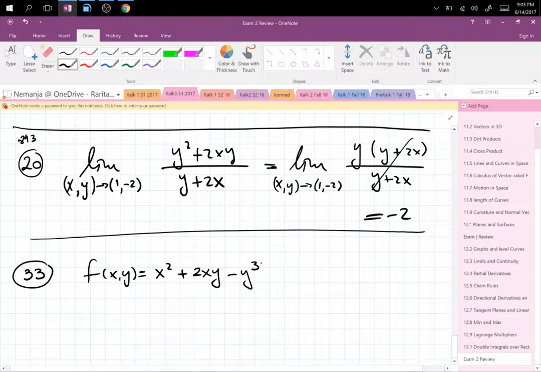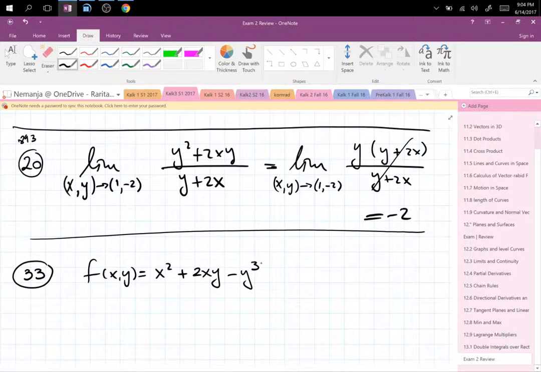So we know the theorem which says that if the function is differentiable, it's continuous. So this is differentiable everywhere, therefore it's continuous everywhere. So there are no points of discontinuity for this particular problem.